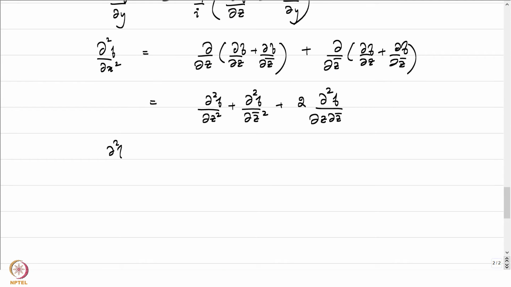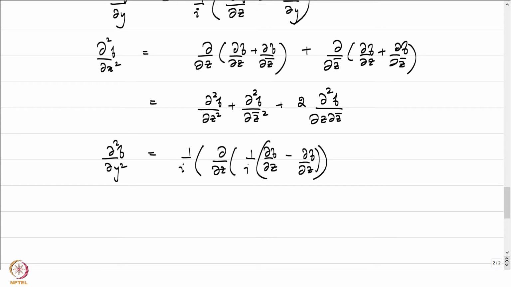What will be ∂²f/∂y²? We already have written down an expression for that. It's going to be 1 by i times ∂/∂z of (1 by i times ∂f/∂z minus ∂f/∂z bar), and then there is a ∂/∂z bar of (1 by i times ∂f/∂z minus ∂f/∂z bar).